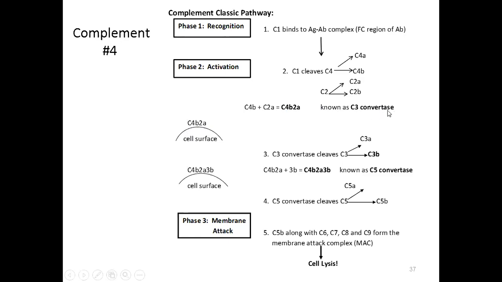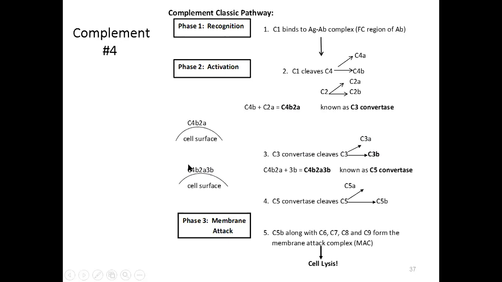So C3 convertase is going to cleave C3 into 2 pieces, C3a and C3b. The piece that we need is the C3b. So guess what it does then? It adds that C3b to what we already have on the cell surface. We already have the C4b2a, and now we're adding the 3b.